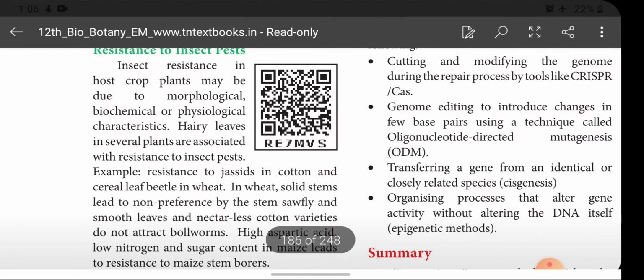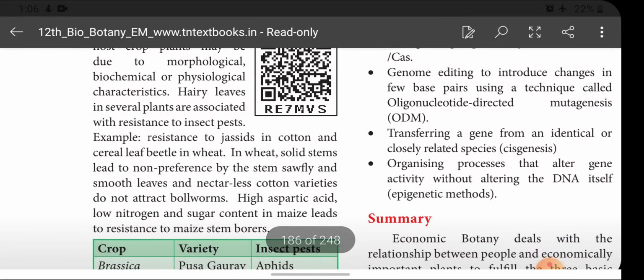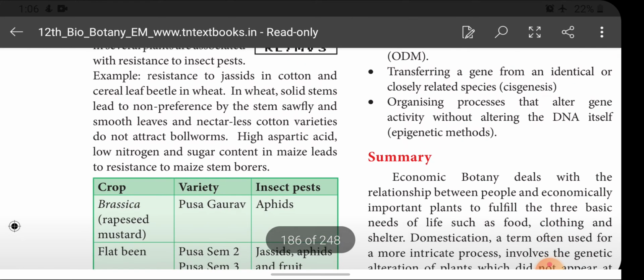In wheat, solid stems lead to non-preference by the stem sawfly, and smooth leaves and nectarless cotton varieties do not attract bollworms. High aspartic acid, low nitrogen and sugar in maize lead to resistance to maize stem borer.